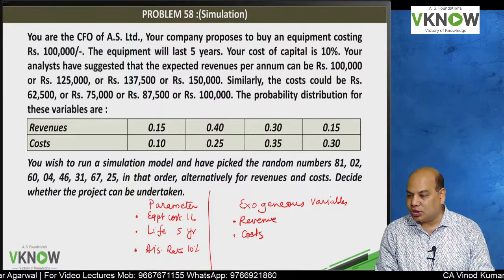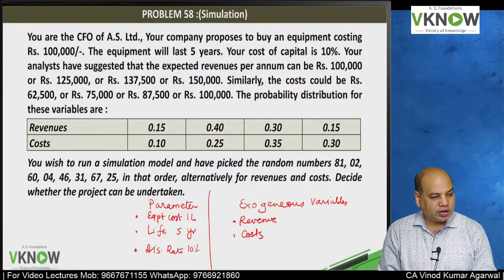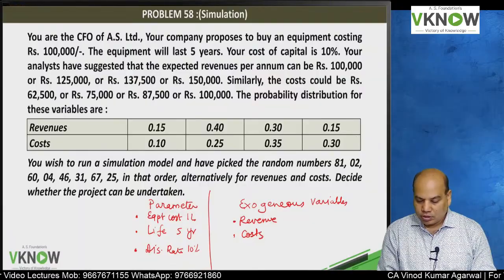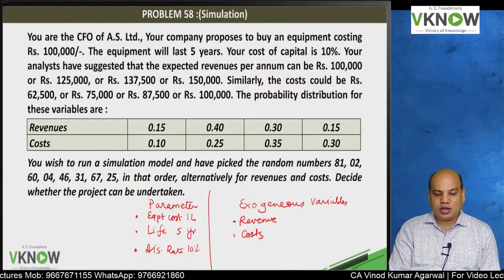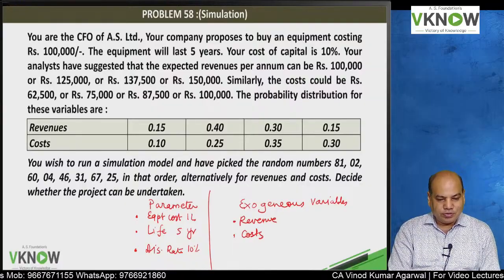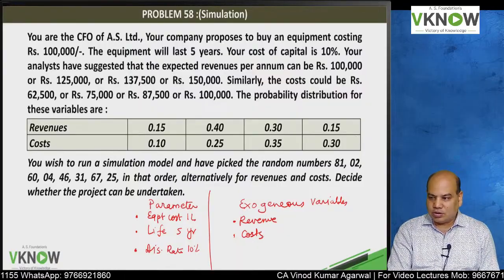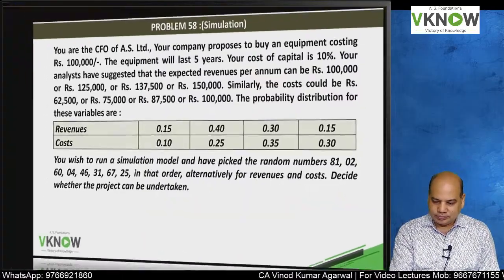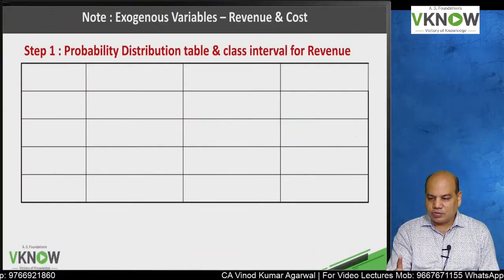Next line, exogenous variables are revenues and cost.